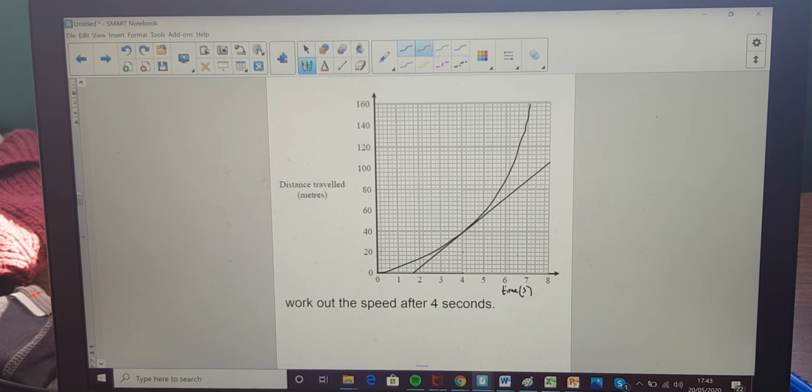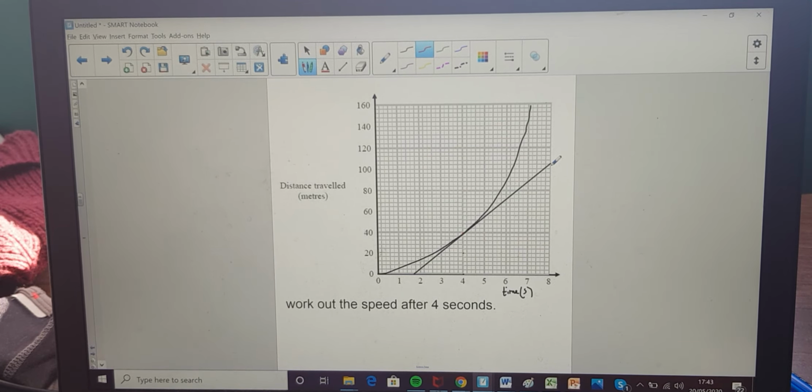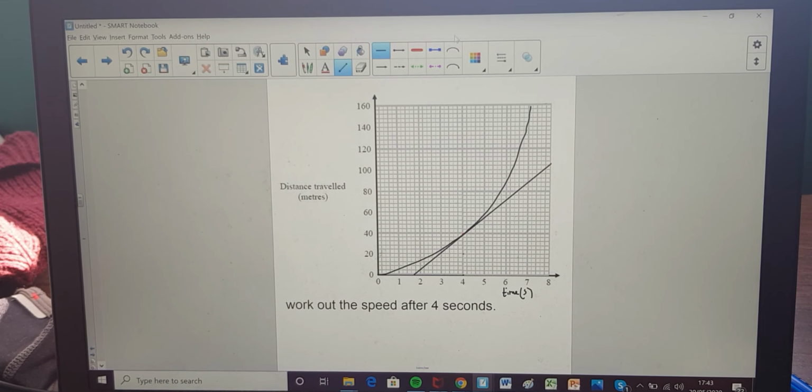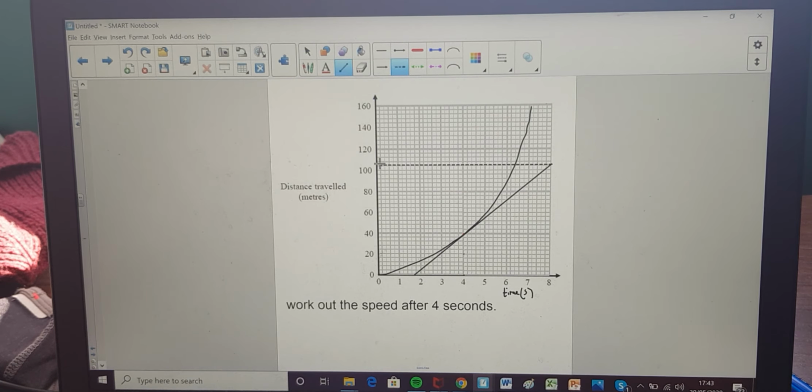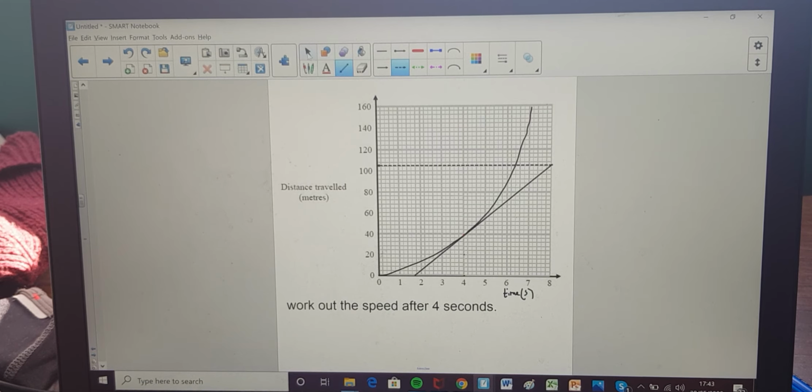Now after I've drawn my tangent, I'm now going to work out the gradient of the tangent. So what do I know? Let's just read across from here. I know that it has gone 104, I believe. So it's travelled 104 up.